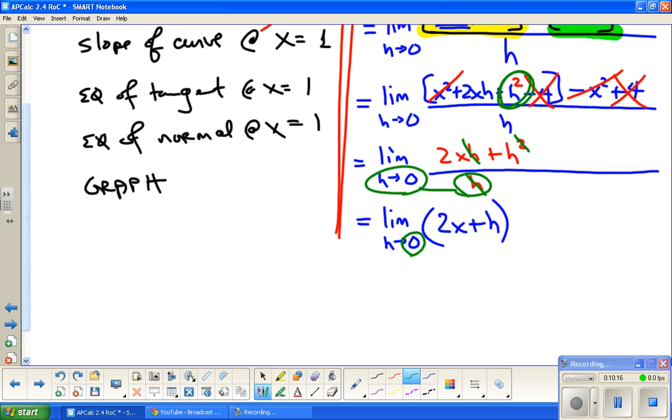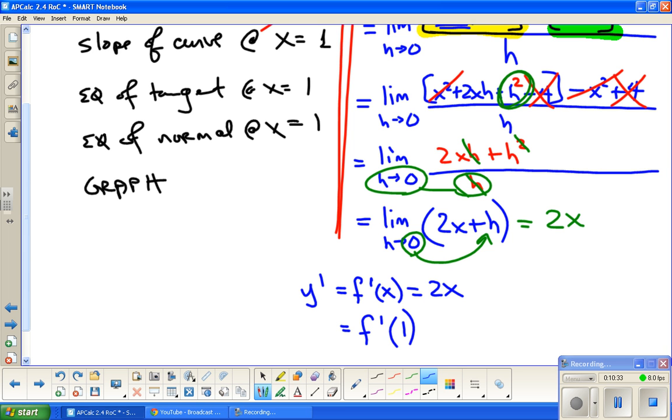Now I can substitute, and this is just 2x. If you recall, we could call this f prime of x is 2x. If you want to call that y prime, that's good. We want to know f prime for when x equals 1. So that's 2.